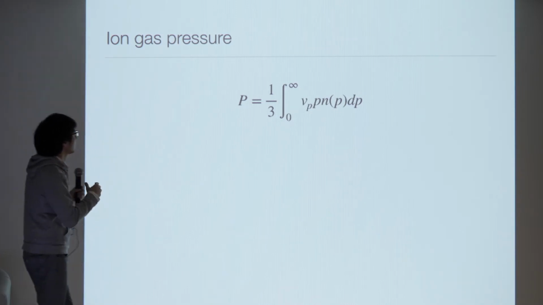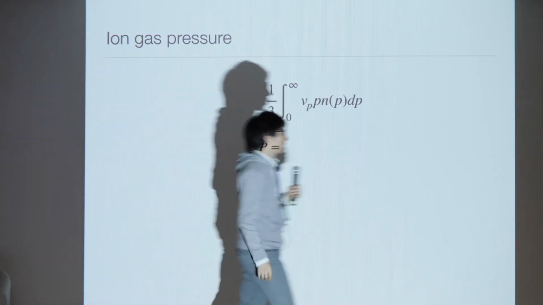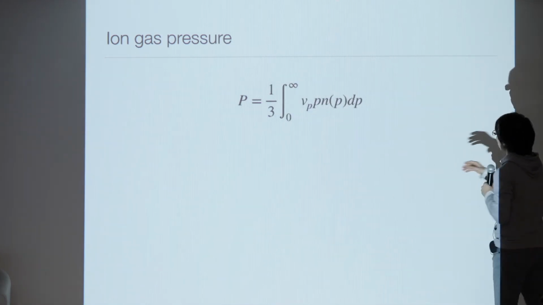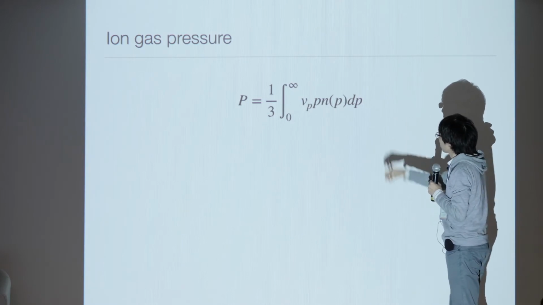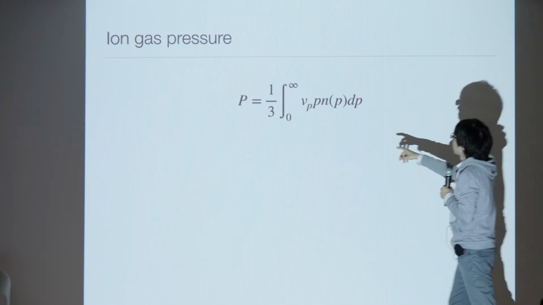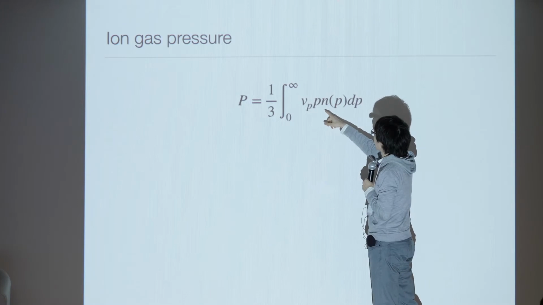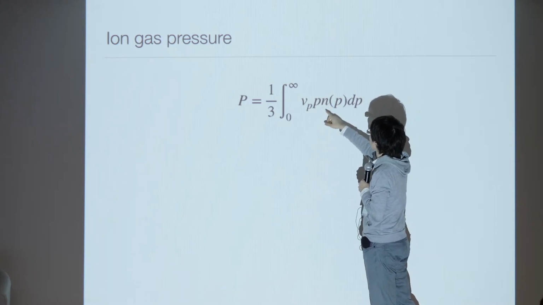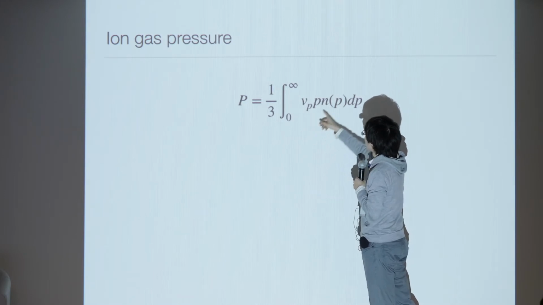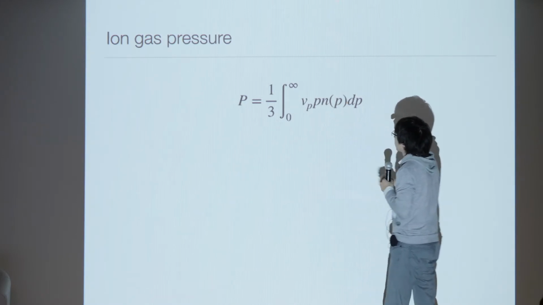So this is the momentum pressure given by some particles, and this is the number of particles which has this momentum.